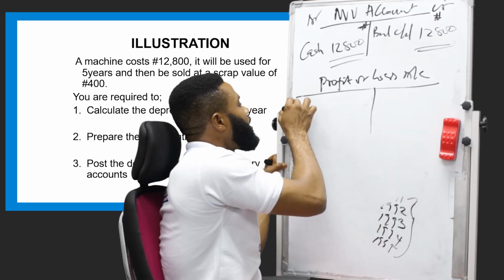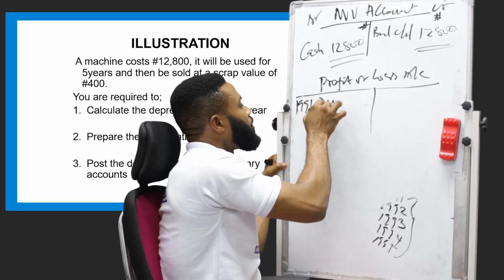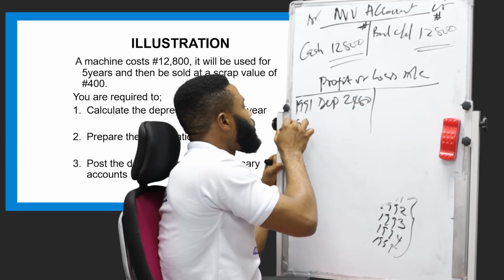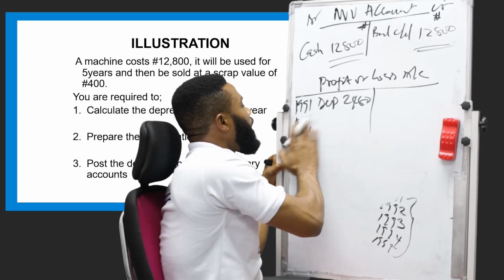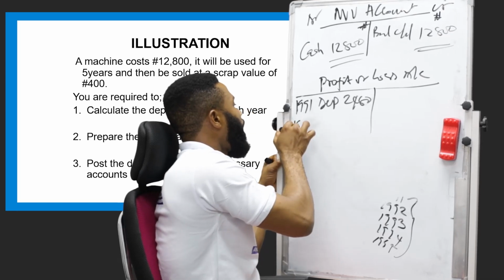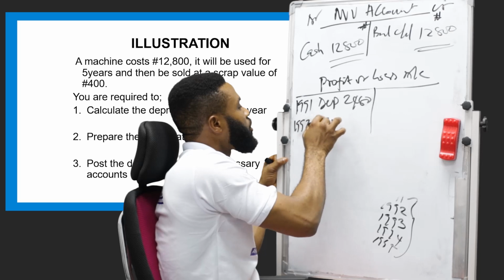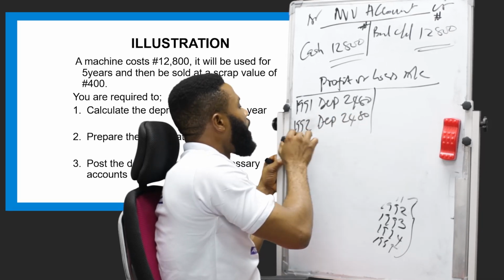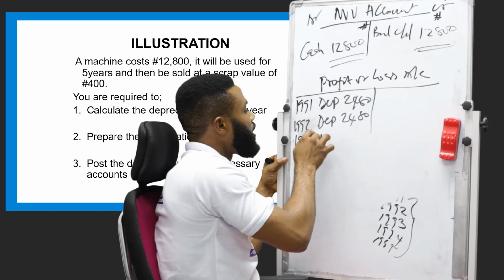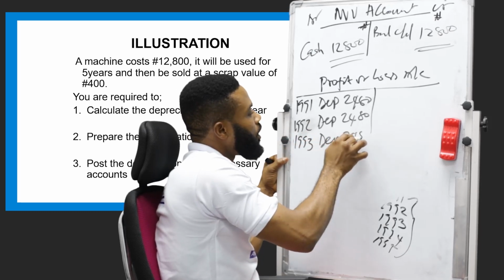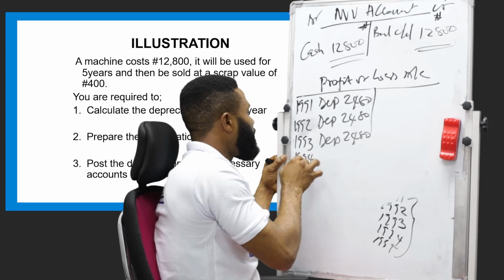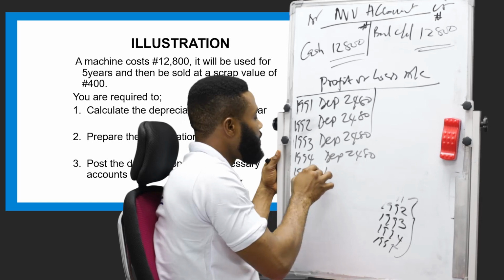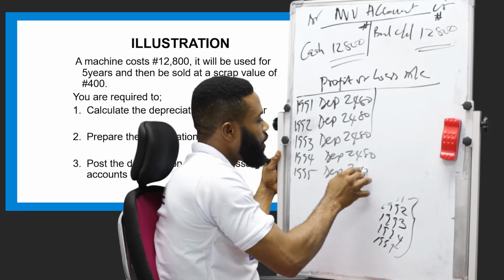For 1991, depreciation is 2480. 1992, the same 2480. 1993, 2480. 1994, 2480. 1995, 2480.